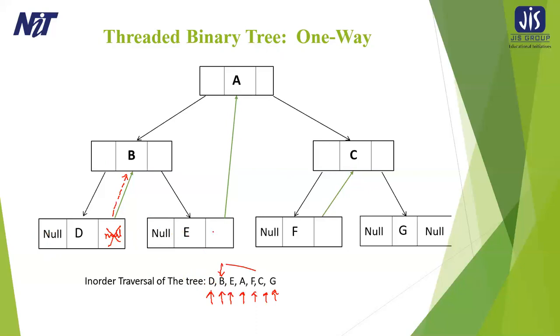Here both null pointers are present. Now E: what is the in-order successor of E?